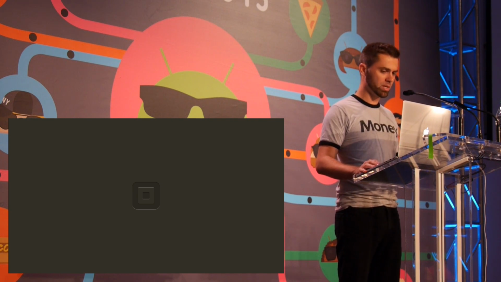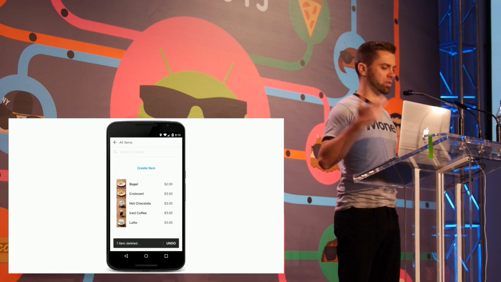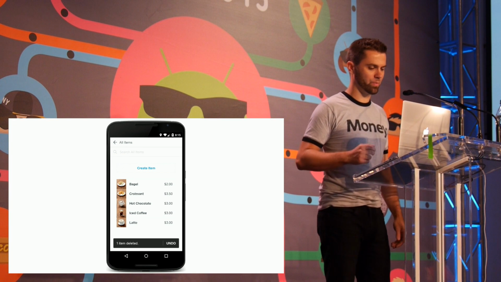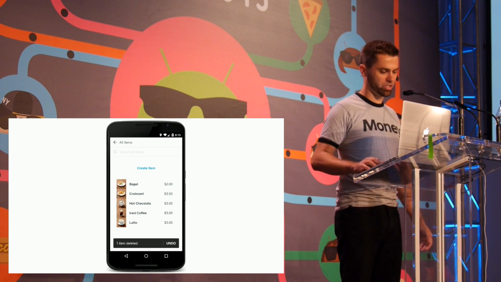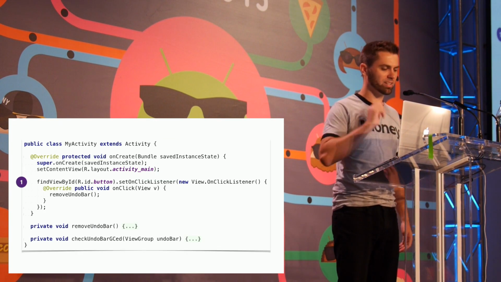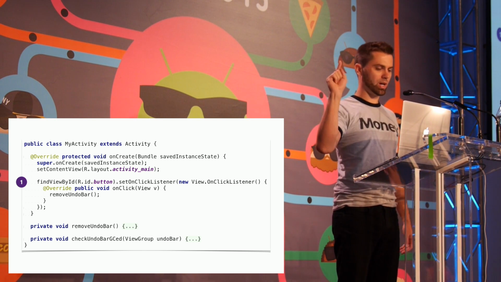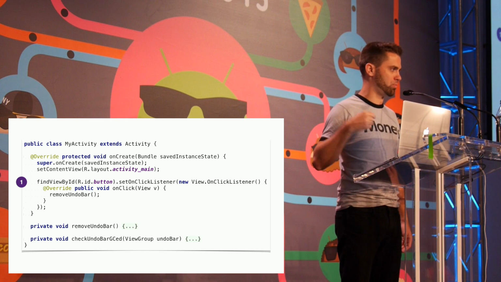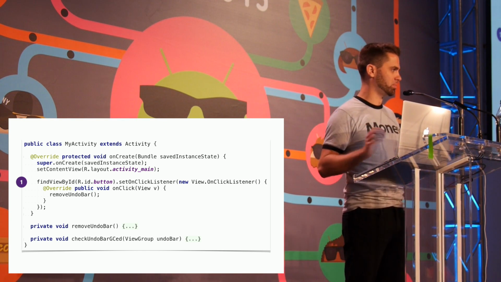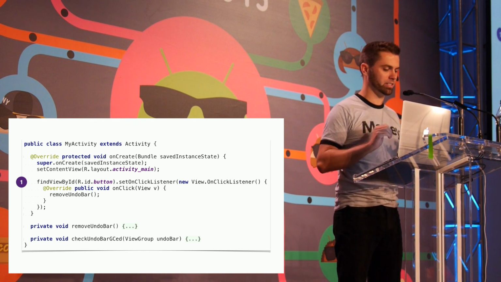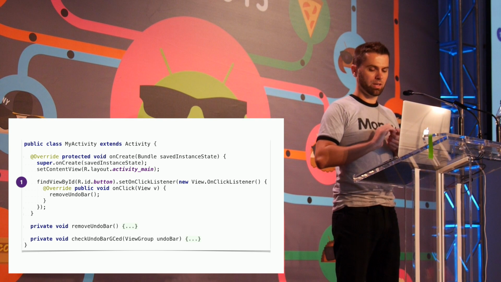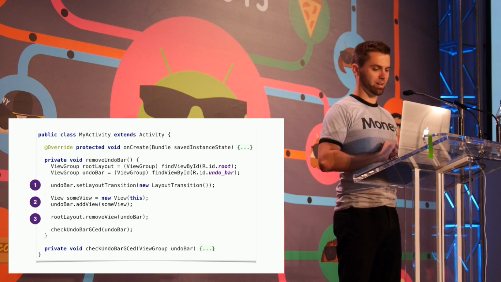So let's say we have an app with an undo bar, right? And it doesn't actually matter that much, but it's nice to have a nice screenshot. So we have an activity, and then at some point you click on a button, and we want to remove the undo bar. It's pretty simple. I don't think this code needs a lot of explanation. Let's look at what happens.